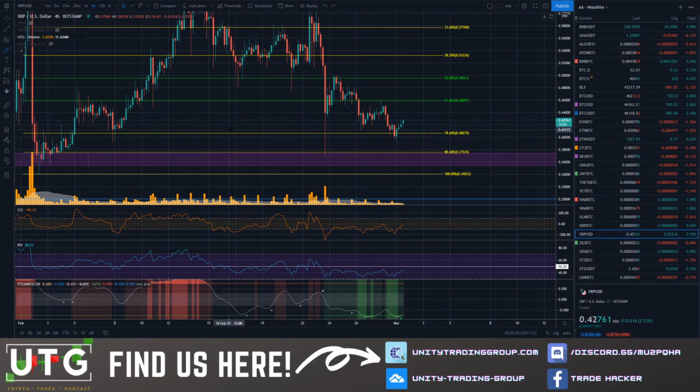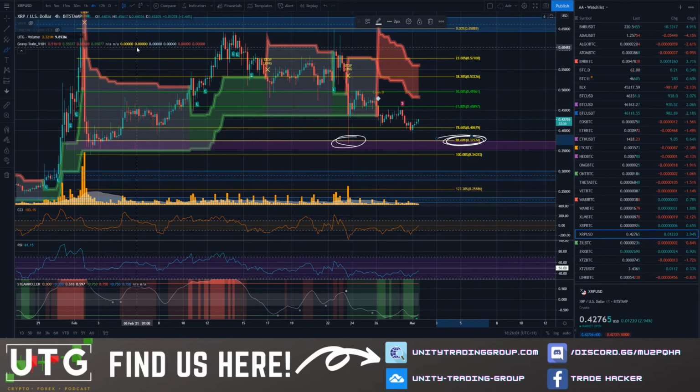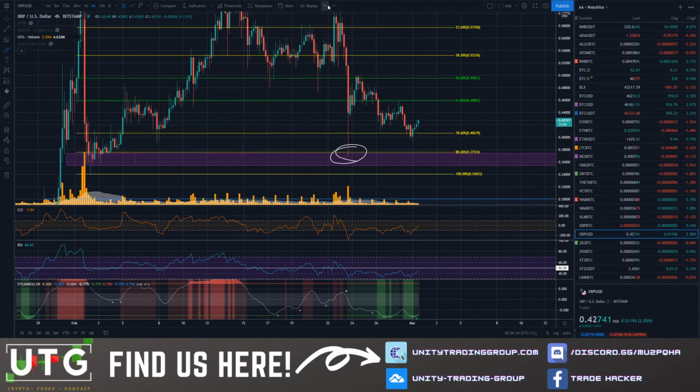And I would honestly expect it to retest this 37 cent mark at about this 88.6 area. If we turn on the Gravy Train indicator, we've got a huge cloud to deal with, but the takeaway would be a nice cloud support at around that 37 mark as well for the XRP chart.